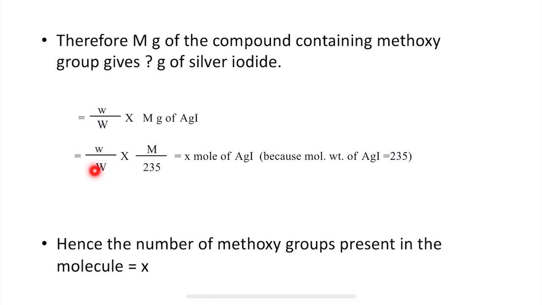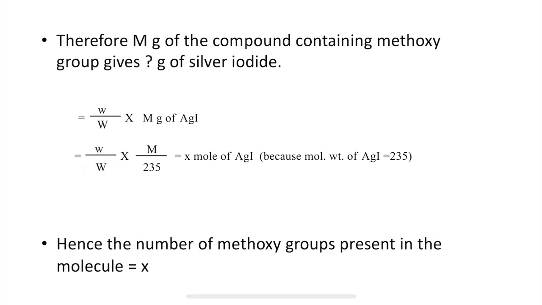If we calculate this by knowing the known mass of the ether which we have taken, and the mass of silver iodide which is obtained, that is small w, then capital W represents the mass of the compound, the ether which we have taken.